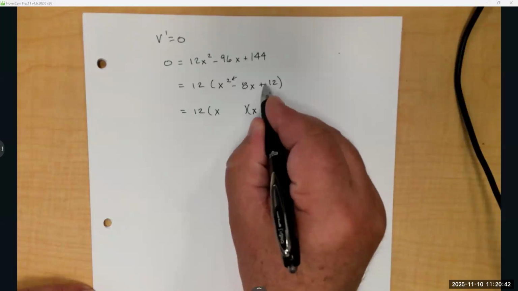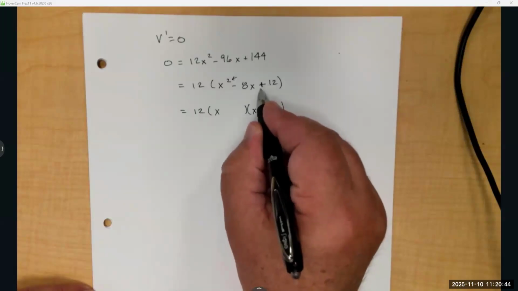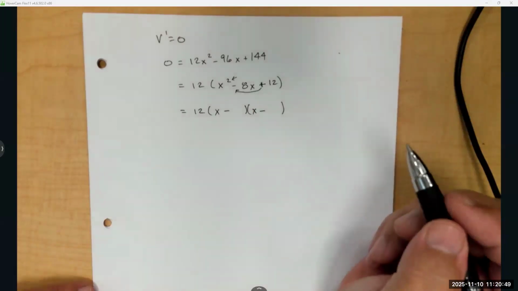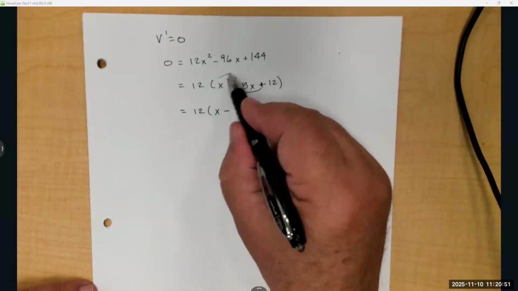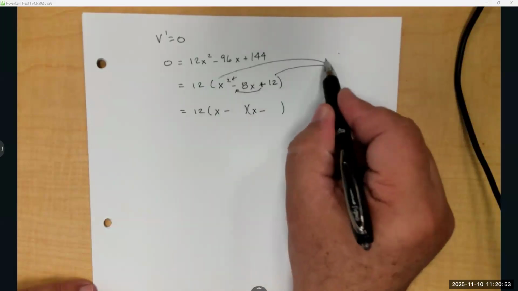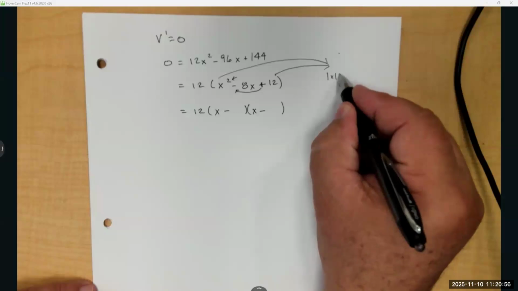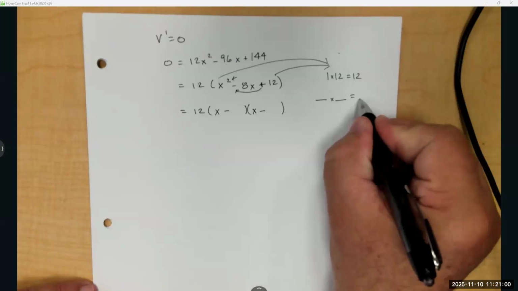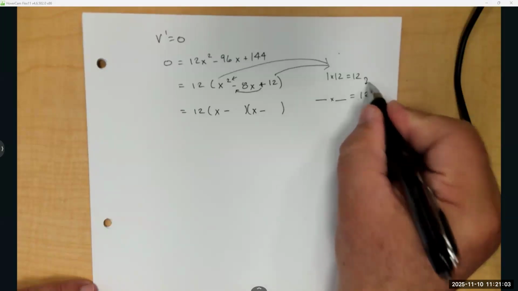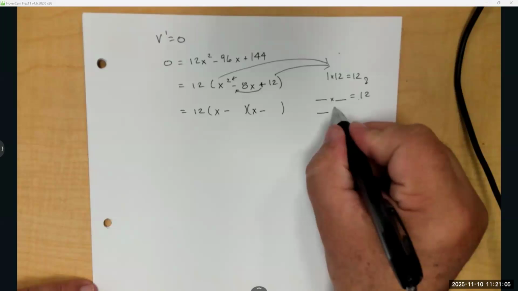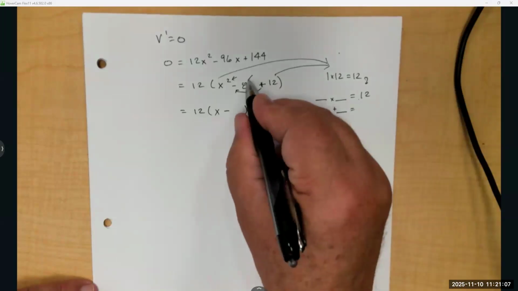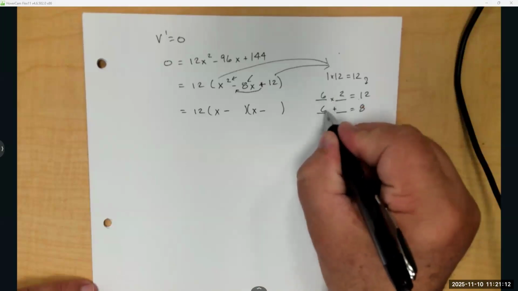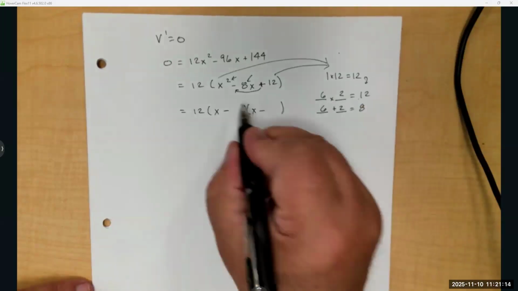The second sign's a plus. That tells us the signs are the same. They're both going to be minuses. Take the leading numbers. So we have 1 times 12 equals 12. What two numbers multiply together to equal 12, and when I add them, it equals 8? Six and 2. It doesn't matter where they go.